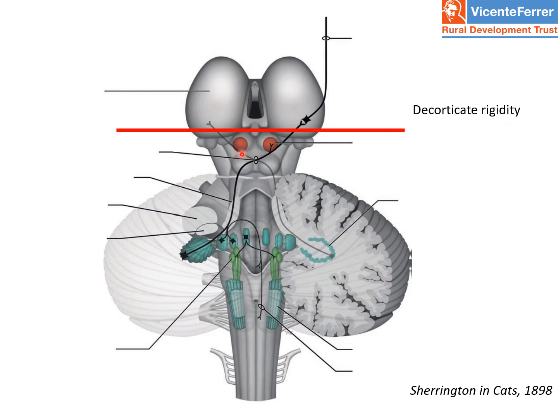As we have already discussed in the previous slide, the rubrospinal tract will supply the alpha motor neurons and only up to the thoracic level. So only in the upper limbs the flexor muscles are supplied by the rubrospinal tracts. Due to this effect, in decorticate rigidity, upper limbs will be in a flexed position and lower limbs will be in extension.